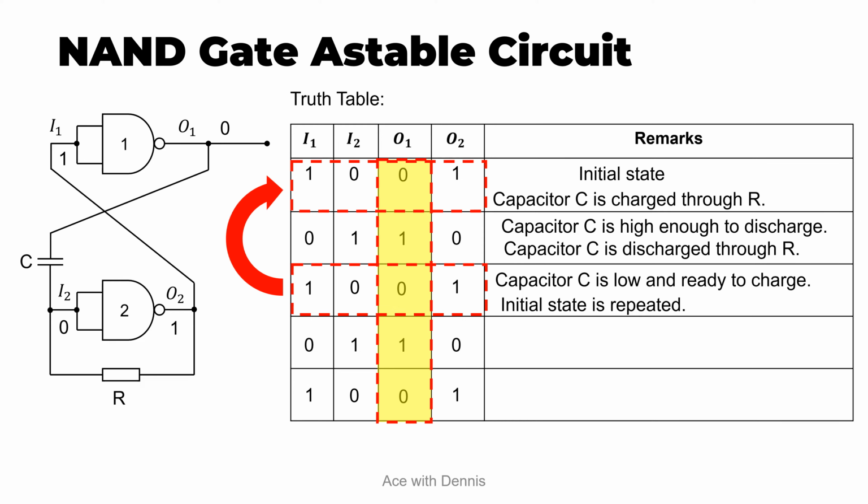So look at output 1 here. It produces a continuous square wave output, which will look like this: 0, 1, 0, 1, 0, 1, and this wave continues to repeat. This is how a NAND gate astable circuit works.